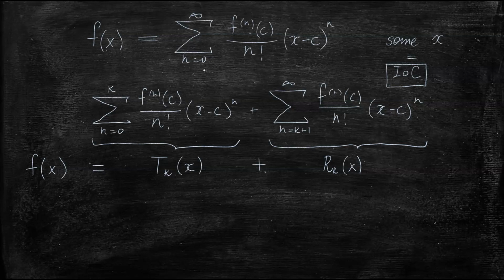So in other words, these functions on the interval of convergence converge to the function from which they originated. This proof, which we are not going to do in this class, heavily relies on the following theorem, which we call the remainder theorem.